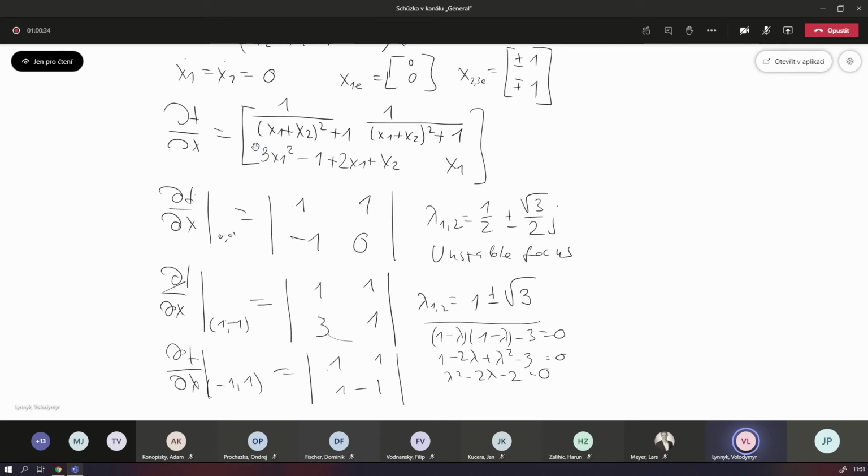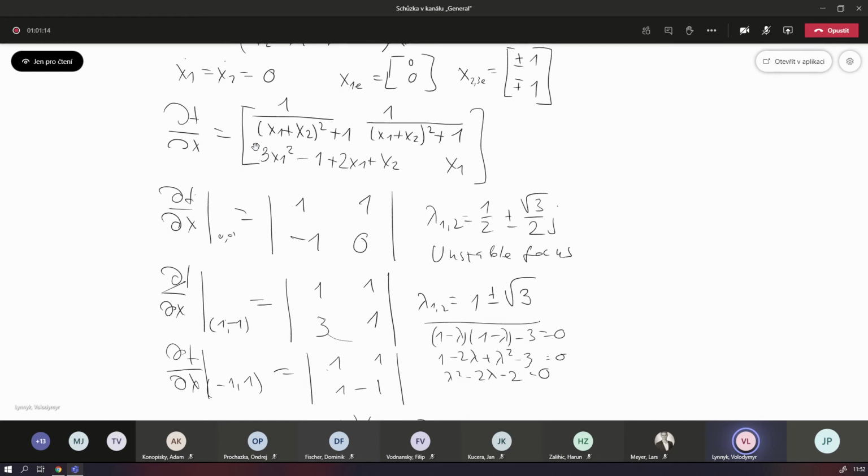And the last one is lambda, 1 minus lambda, minus 1 minus lambda and plus 1 equal to 0. Okay, and minus 1 minus lambda plus lambda plus lambda squared plus 1 equal to 0, and lambda squared equal to 0.